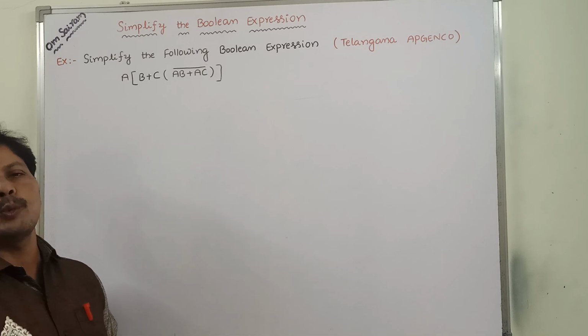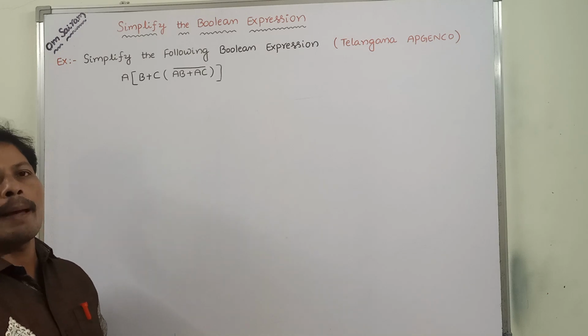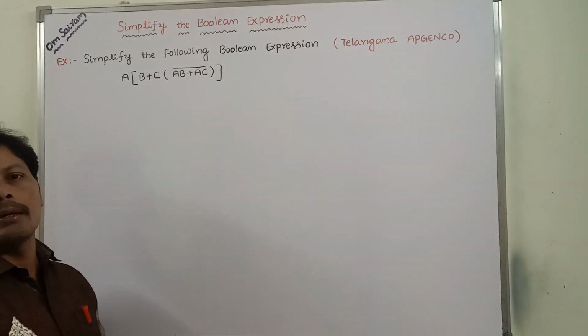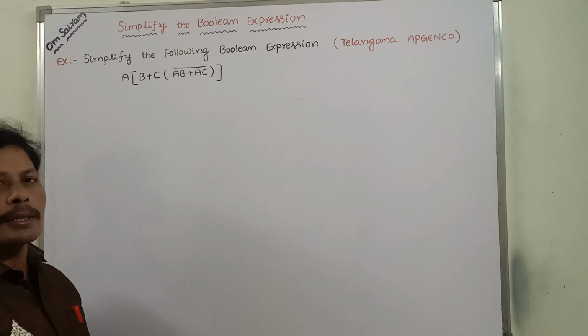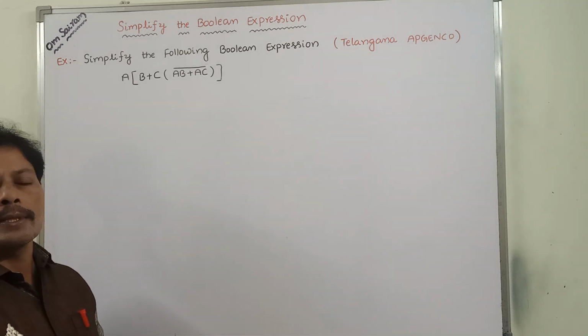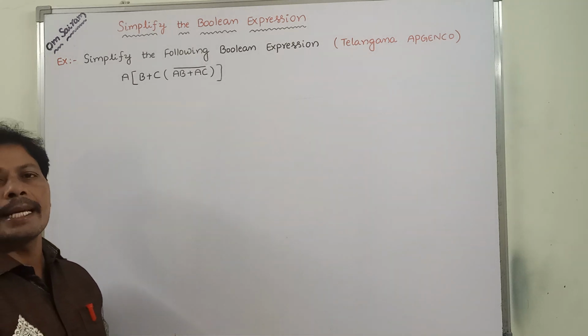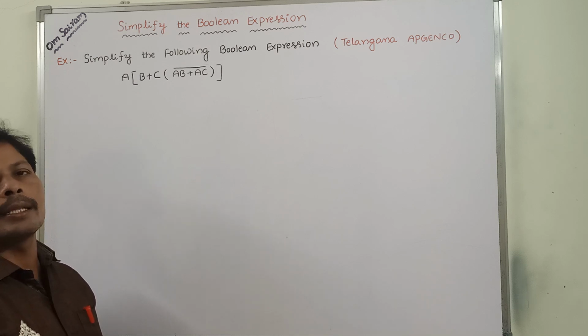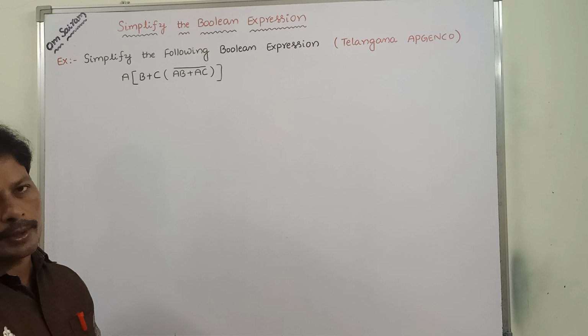Today we have to discuss an example problem on simplifying the following Boolean expression using Boolean algebra laws in the Digital Logic Design course, Switching Theory and Logic Design course, Digital Logic and Computer Organization course.